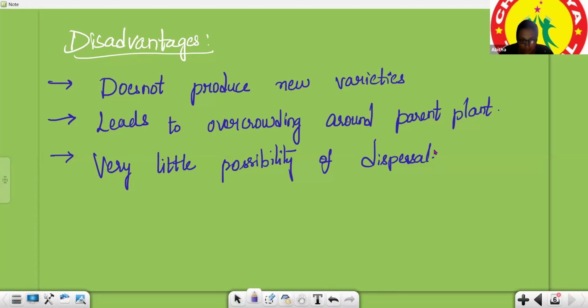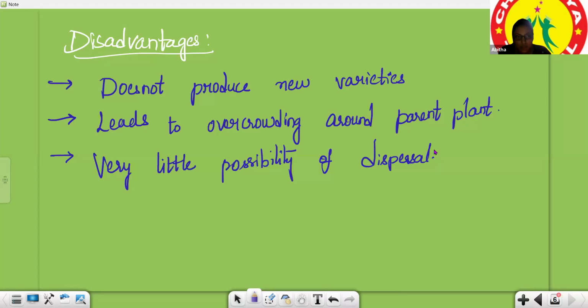It is asexual reproduction, which does not use seeds. So dispersal is not a phenomenon here. Dispersal is a separate process, associated with seed being dispersed, but the vegetative parts are not dispersing. So very little possibility of dispersal will be there.